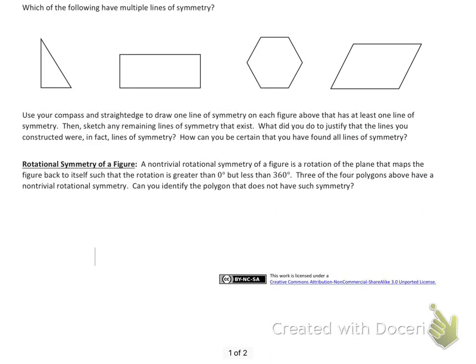So let's look at this one real quick. We're going to point out rotational symmetry of a figure. It's really straightforward. I don't need to add anything to this, but this is one of the main types of symmetry that you need to look for.